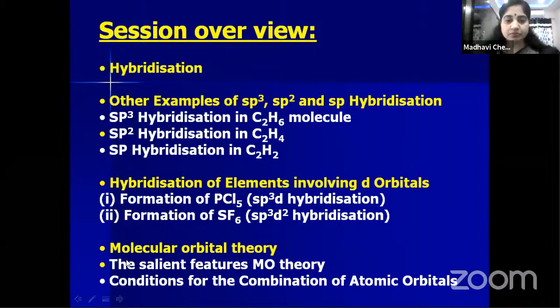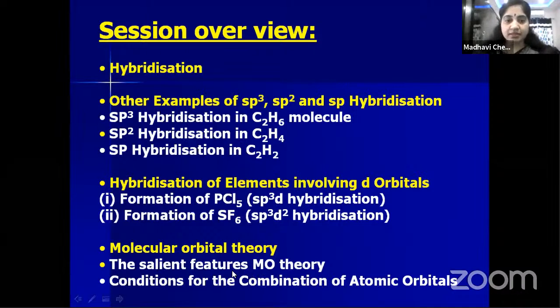Okay, next one, molecular orbital theory. The last one and very important, from this we can expect an 8-mark question, very important children, molecular orbital theory. In that, salient features of molecular orbital theory and conditions for the combination of atomic orbitals. These things we are going to cover today.